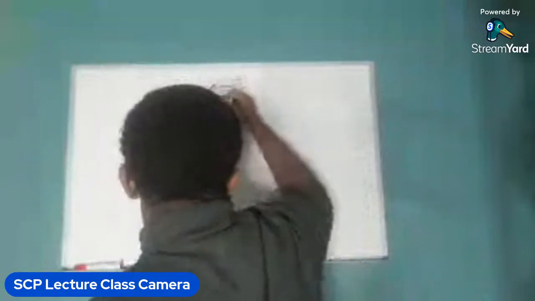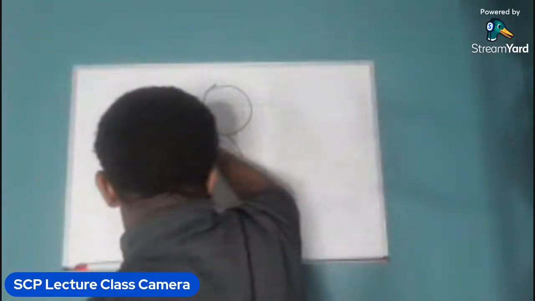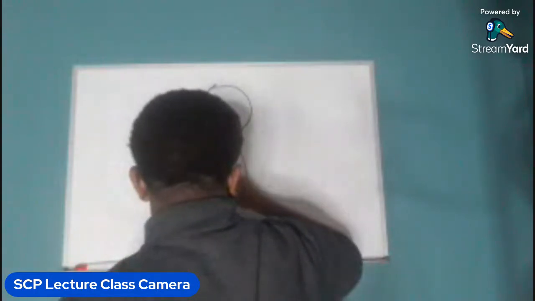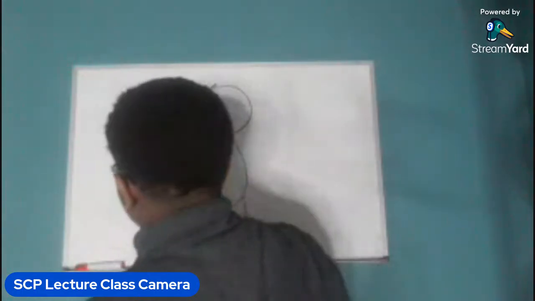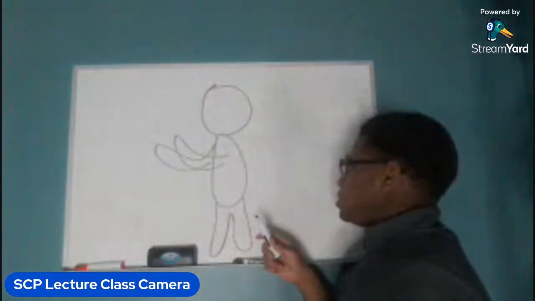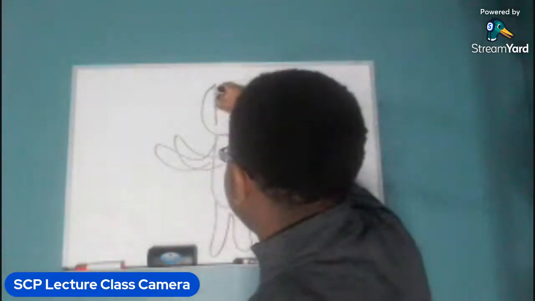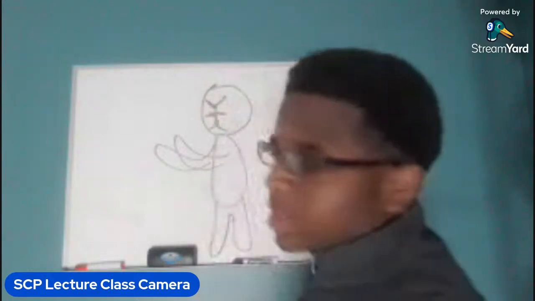Let's use him. Let's put this right here. I'm going to use him as an example. So he's a statue. Also, let me put this little face on here, just because.